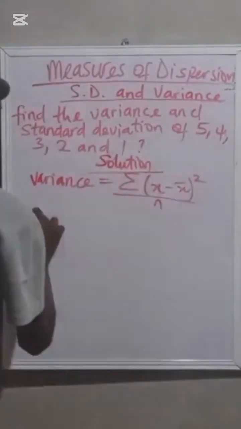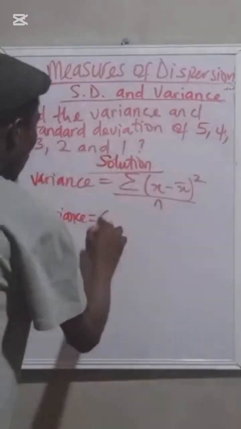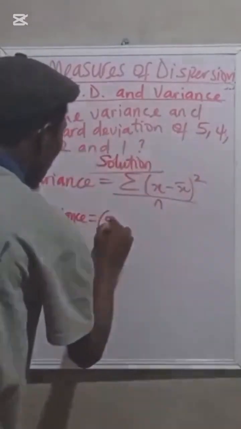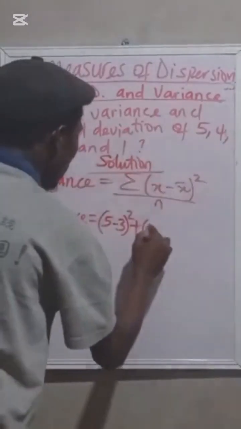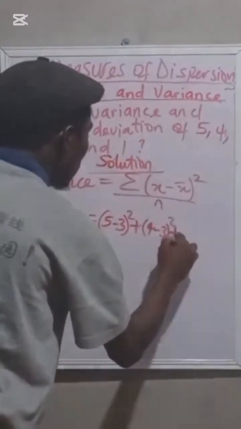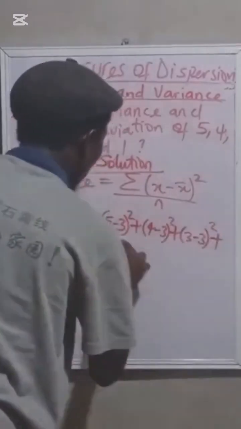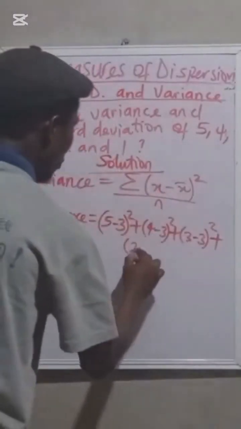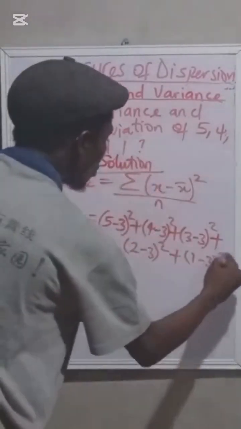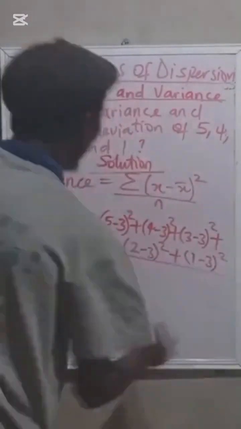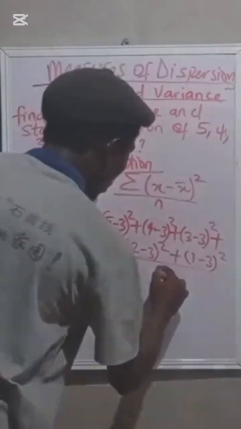So therefore, variance is going to equal: you pick each of these, that is 5 minus our mean 3, squared, plus 4 minus 3, squared, plus 3 minus 3, squared, plus 2 minus 3, squared, plus the last one, 1 minus 3, squared, divided by 5, because we have 5 numbers.